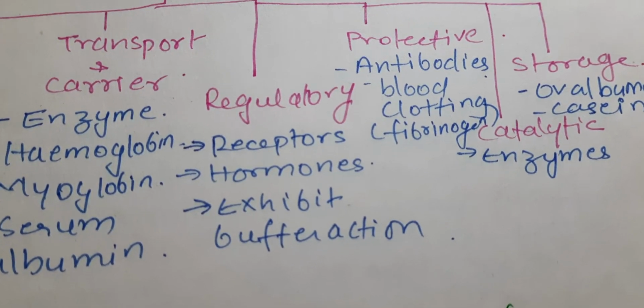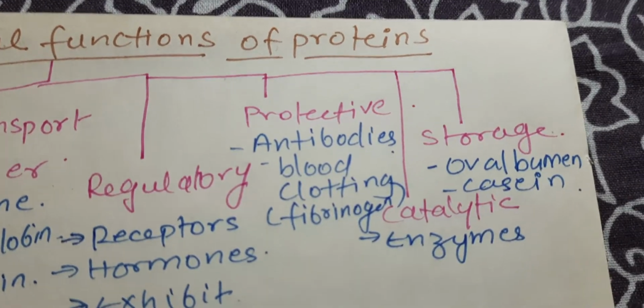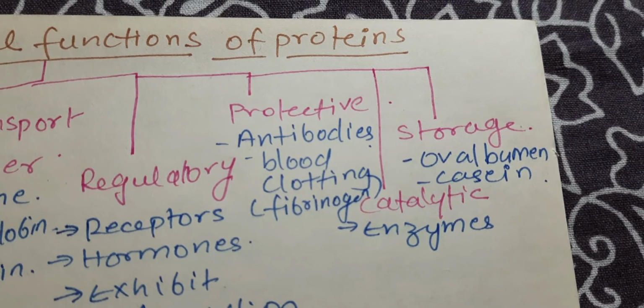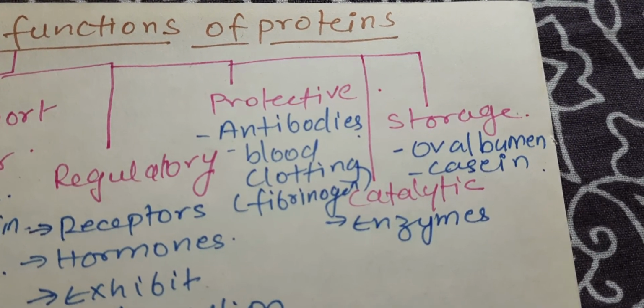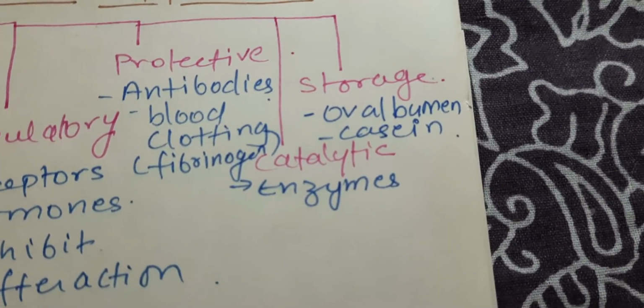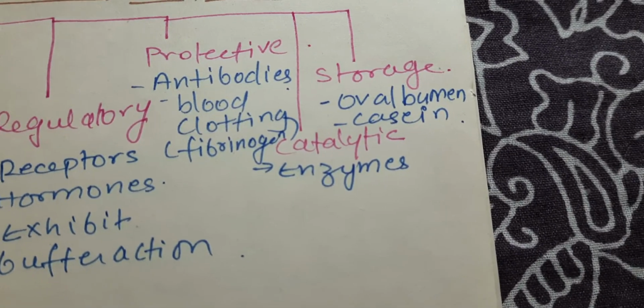So they maintain the pH, hence they have the buffering action also. And then protective function, since the proteins form the antibodies, they also form the blood clotting factors. Then catalytic function, because all the enzymes are protein.